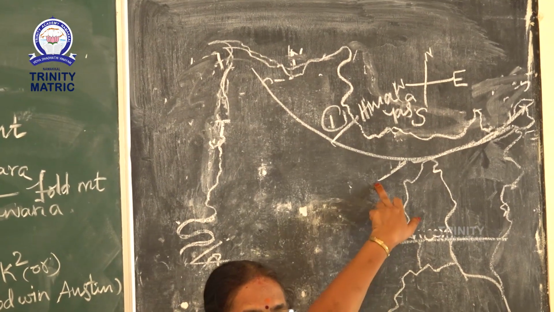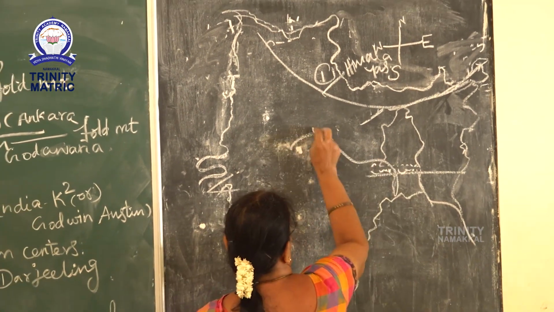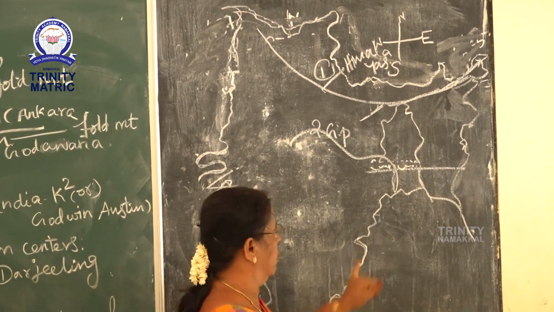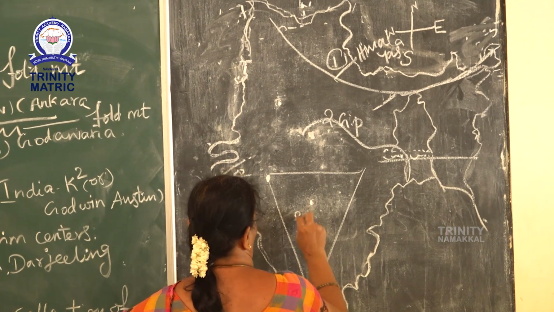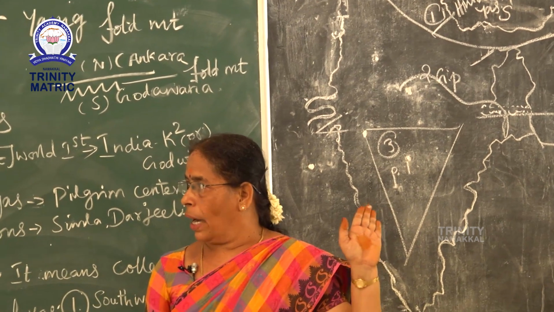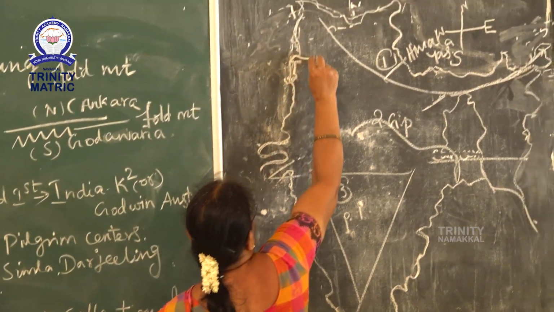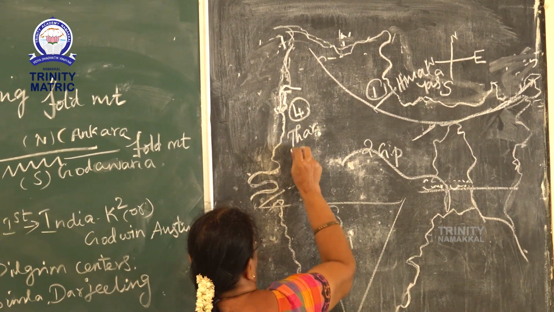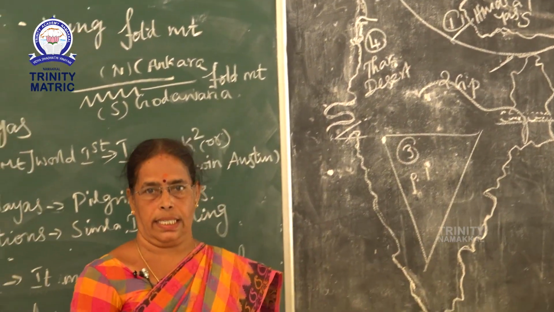Physiography, first division, Himalayas in the north. The second division is the Great Plains. The third division is the Peninsular Plateau. Then the fourth division is the Thar Desert, or Indian Great Desert.